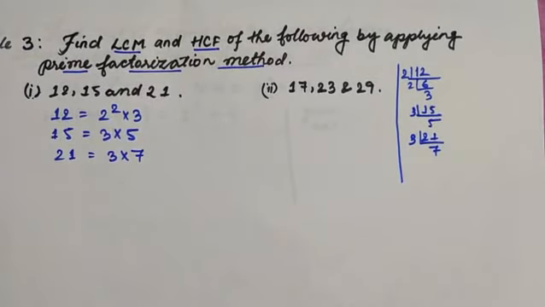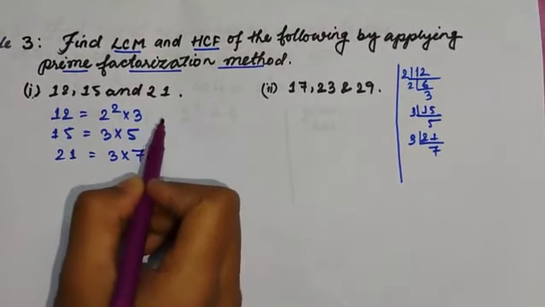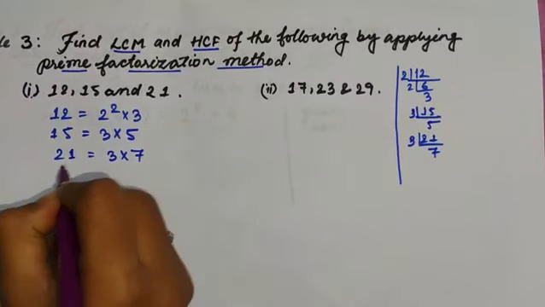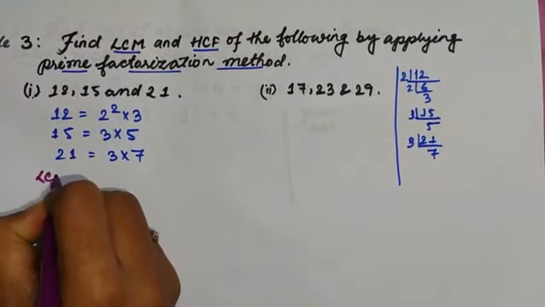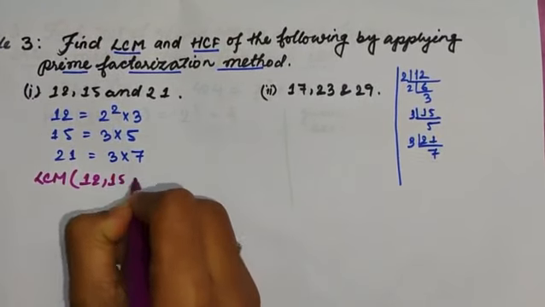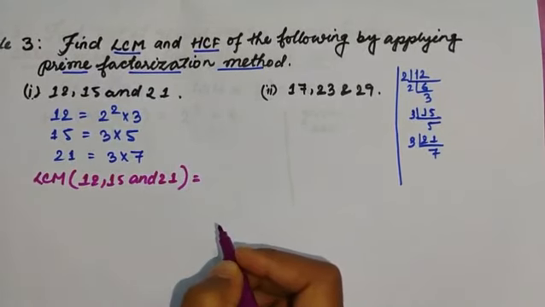If you want to write, then you can also write that doing the prime factorization. Now we are going to find the LCM of 12, 15 and 21.